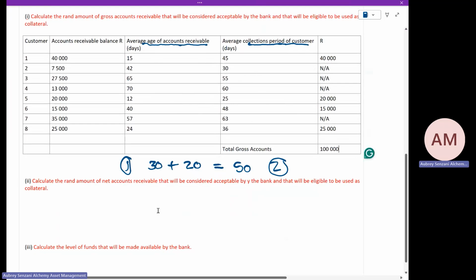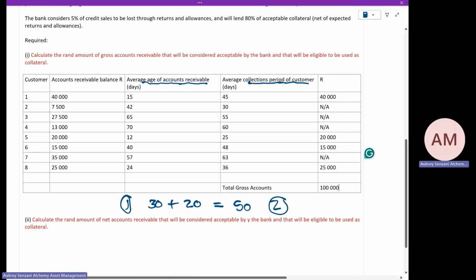Okay. Now that we have that, the next question now says, calculate the rand amount of net accounts receivable that will be considered acceptable by the bank and that will be eligible to be used as collateral. How much can we use as collateral? The 5% is, yes, is what we're writing off.